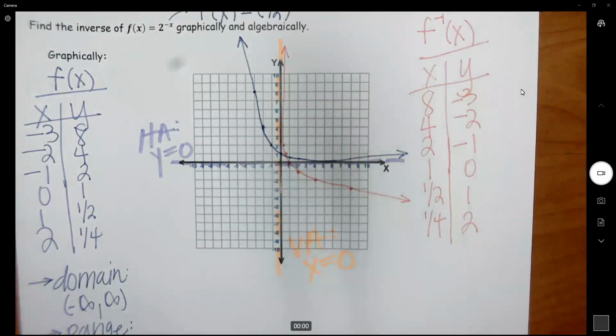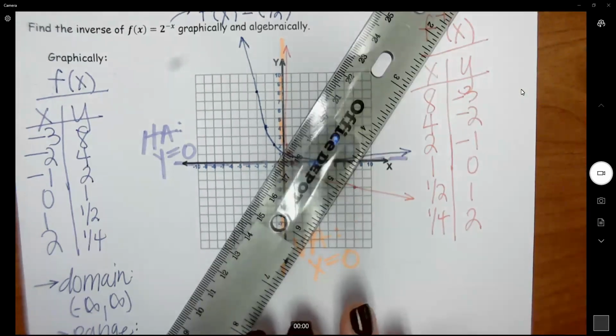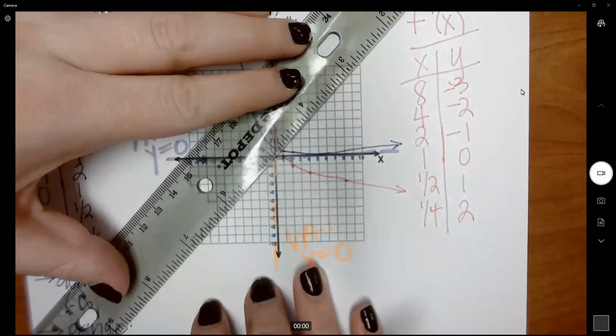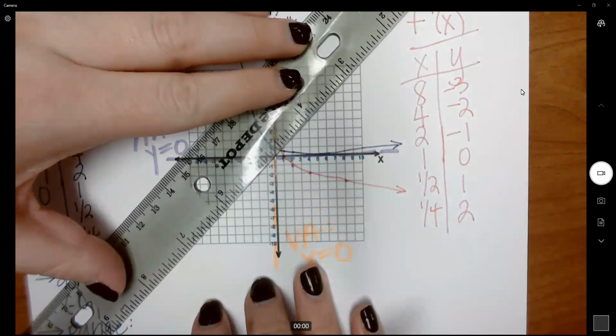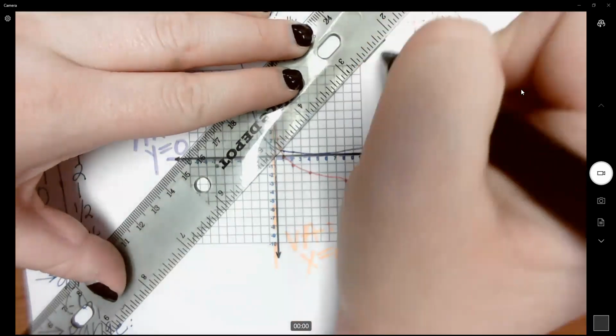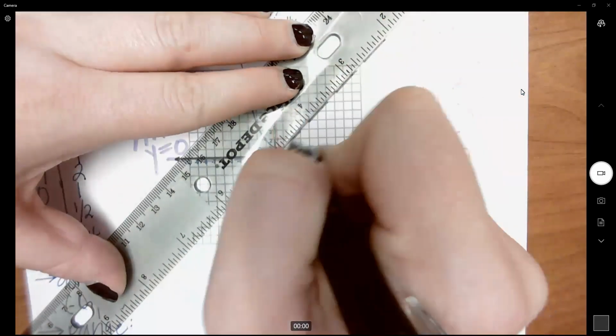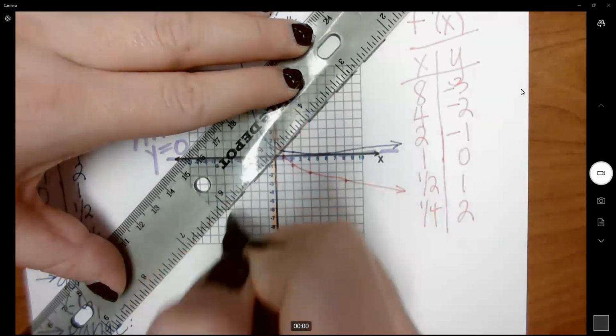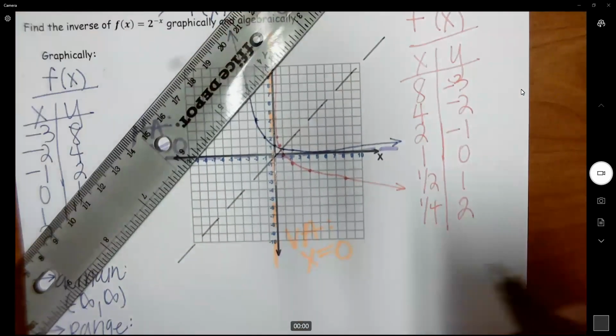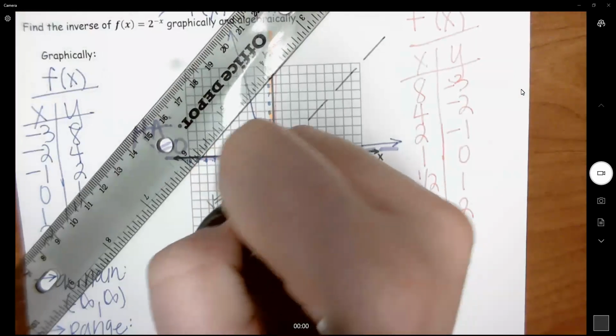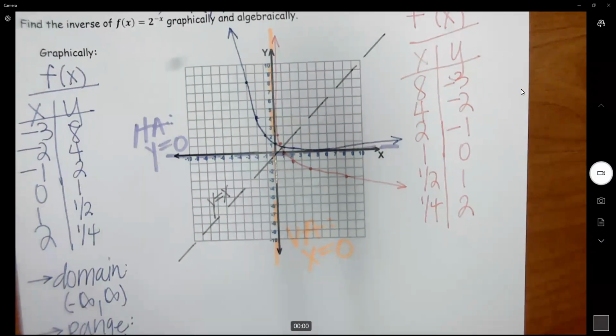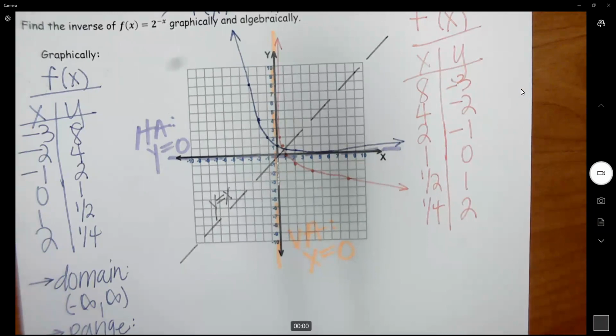And so if we remember again that inverses mean that it reflects across the line y equals x, and you can see that they are a mirror image of each other.